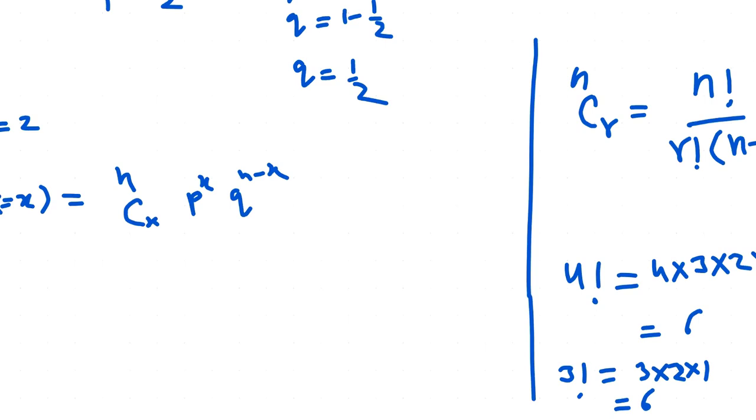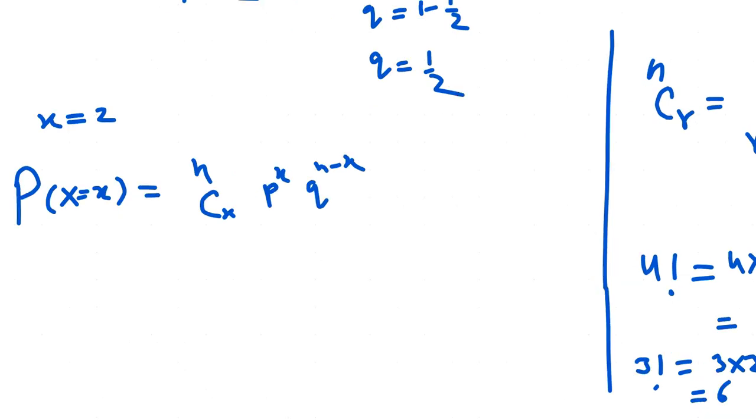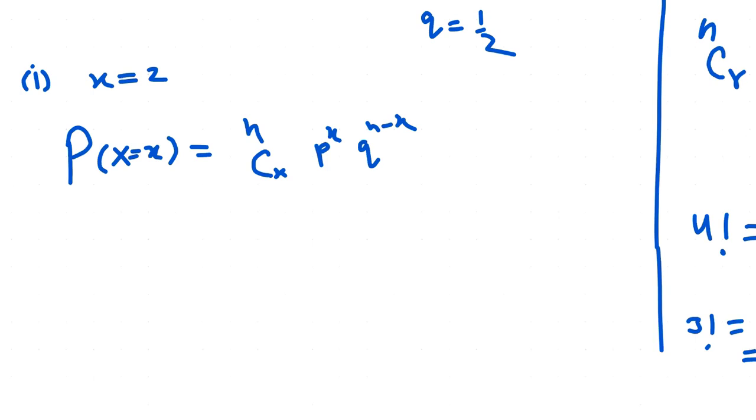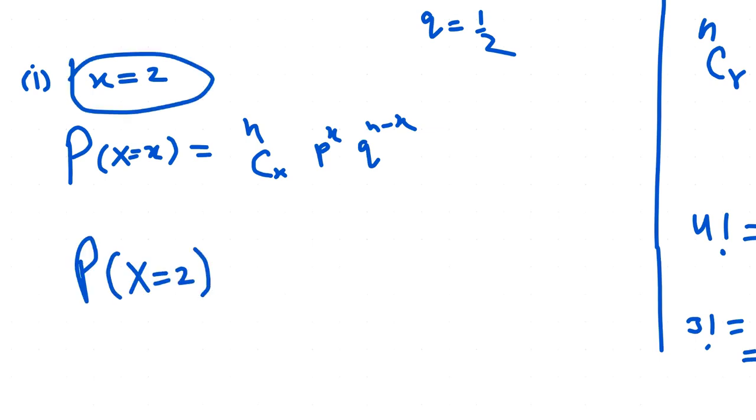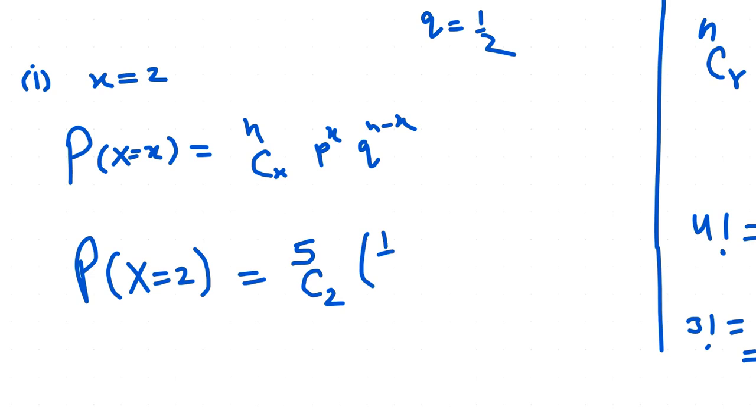Here, instead of n, we will take 5, because P(X = x) with small x equal to 2. So n is 5, and we take 5C2 because x is 2. p is 1 by 2 to the power 2, because small x is 2, times q, which is also 1 by 2, to the power 5 minus 2.